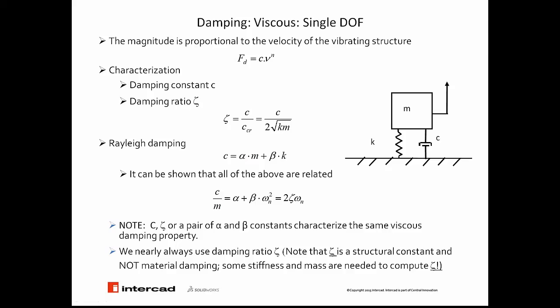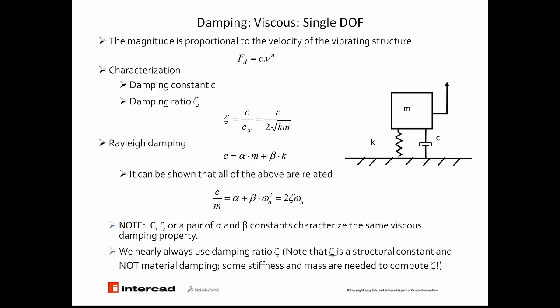The other model we use in nonlinear dynamic studies is the Rayleigh dampening, which is also related to the mass and stiffness with two constants, alpha and beta. They can simply be connected to zeta with the given formula. What is very important to understand is that C and zeta, or a pair of alpha and beta constants, characterize the same viscous dampening properties.